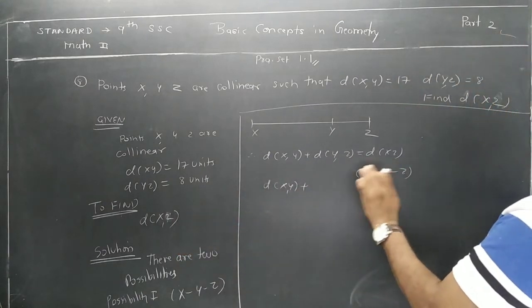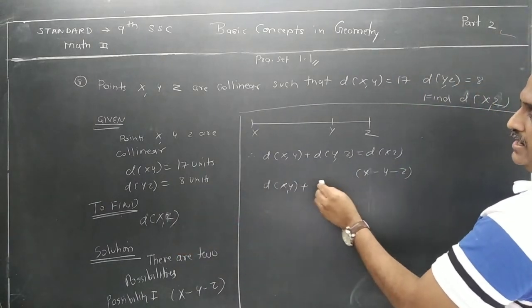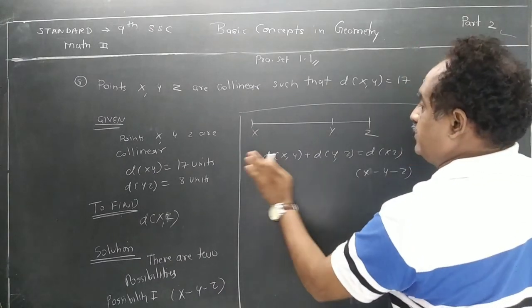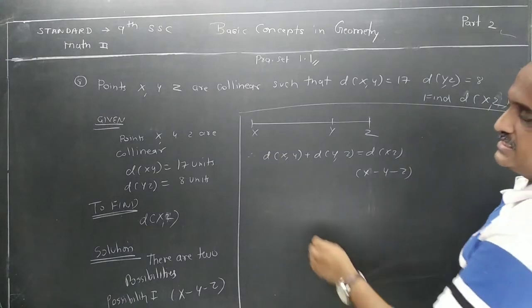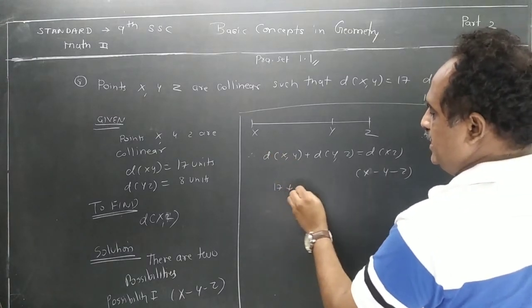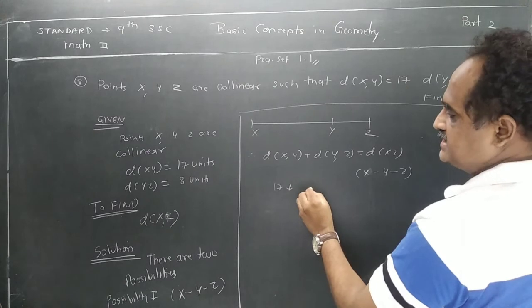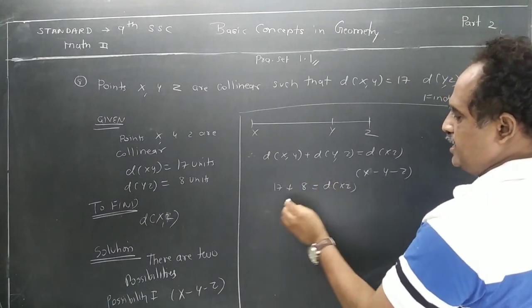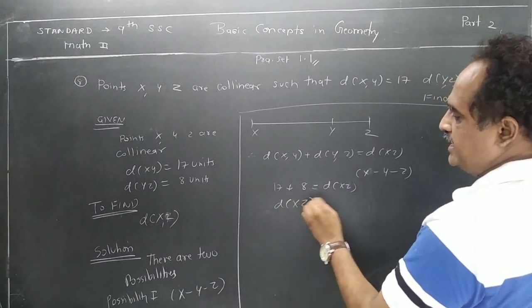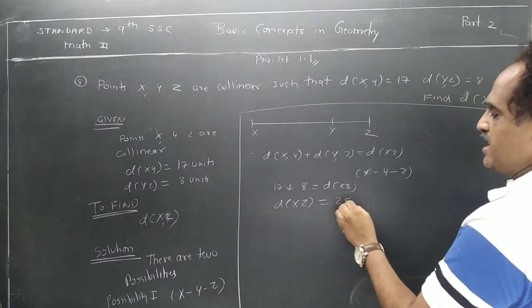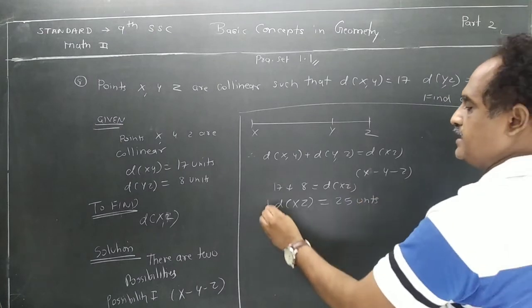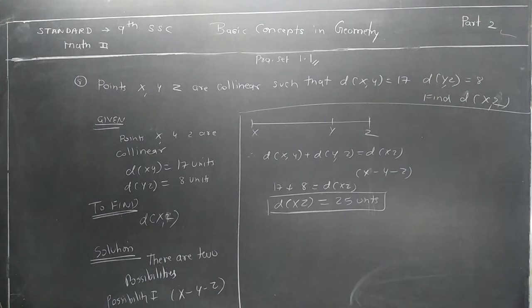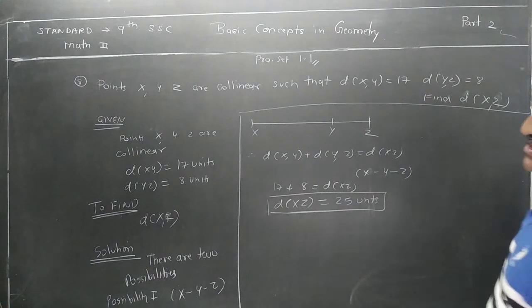So distance XY is 17, plus distance YZ is 8, is equal to distance XZ. So distance XZ is equal to 25 units. This is the answer. That is the first possibility.